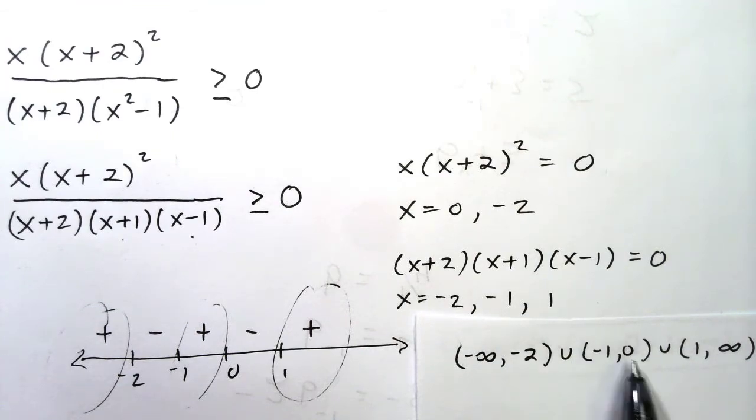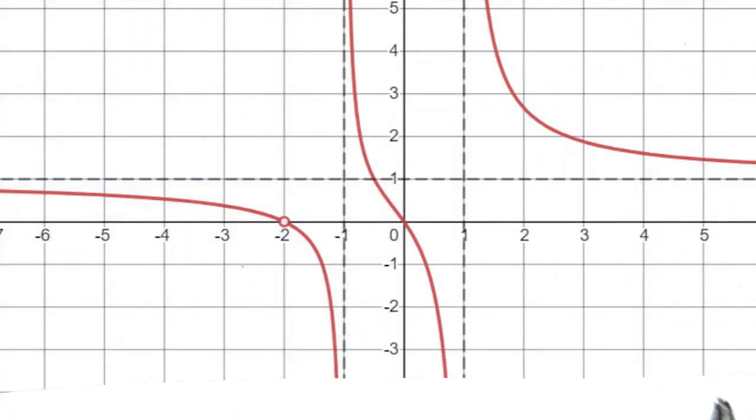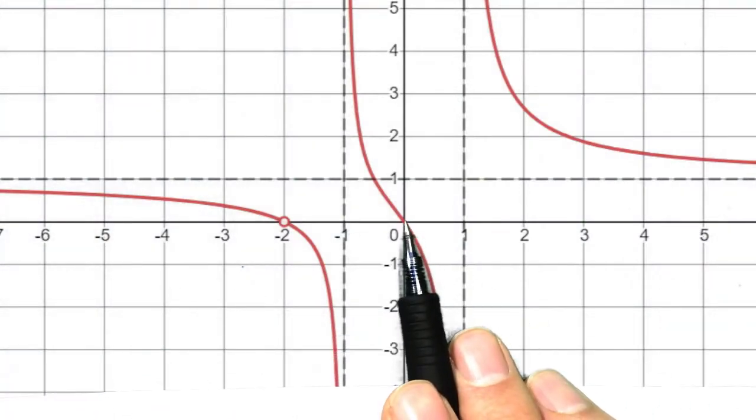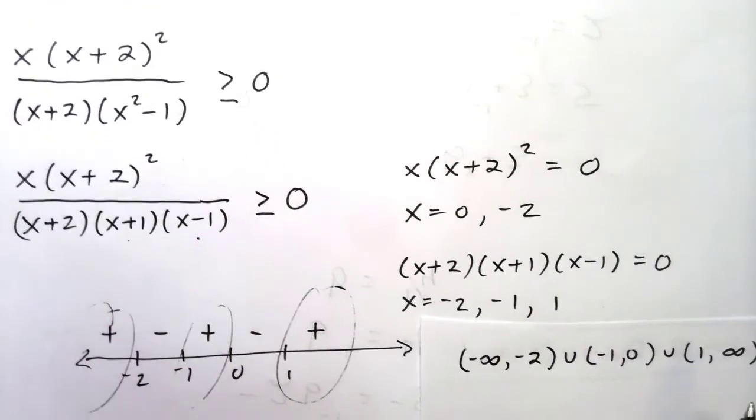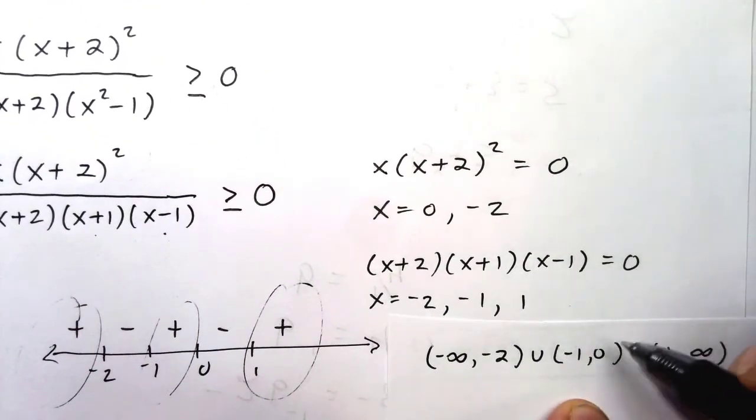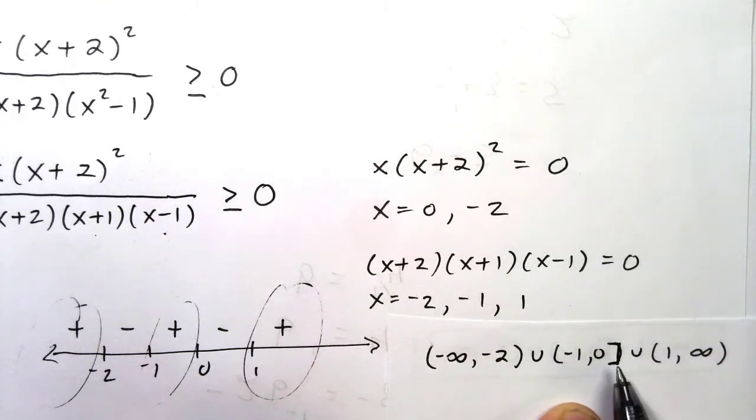What about at 0? Well, at 0, if we look at the picture, here the function is equal to 0. And 0 is greater than or equal to 0. And so this is included. So that is one adjustment that we need to make. We need to make this a square bracket here to indicate that 0 is part of the solution.